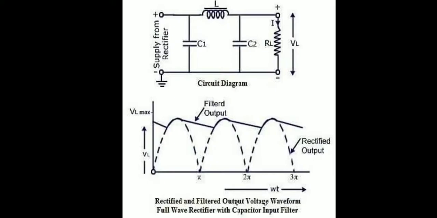Now in this diagram you can see the detailed filter output waveform, how it is improved as compared with the rectifier output, and you can see from this diagram the efficiency of the filter output as compared with the rectifier. So this is the benefit of the CLC filter.